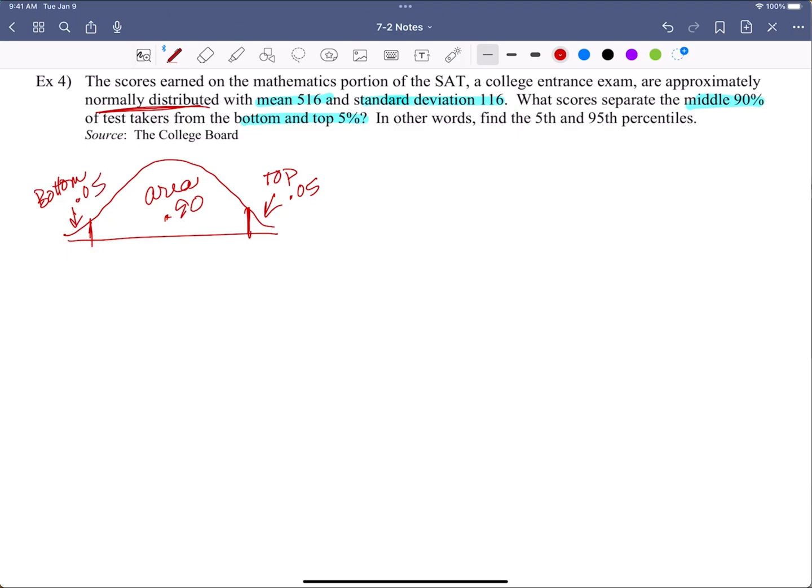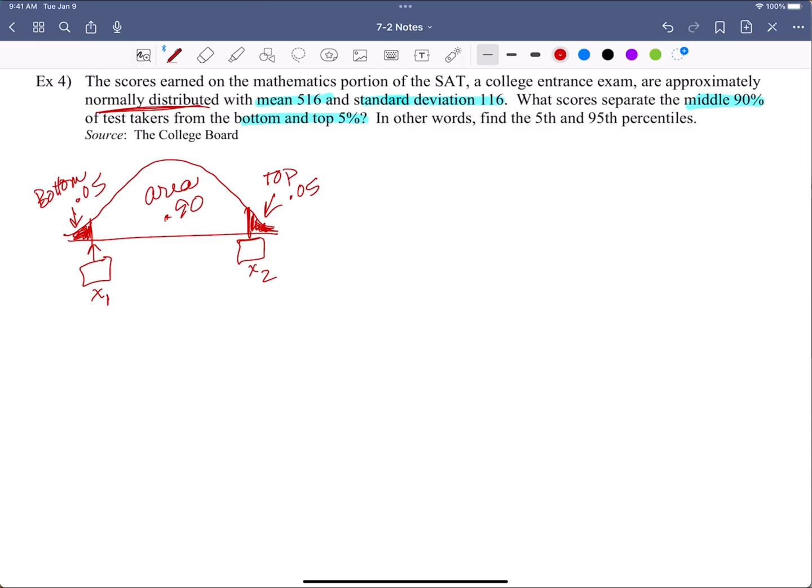So what we are trying to find is this bottom 5% and this top 5%, which means this SAT score value is what we're trying to figure out. All right? Okay, so I'm going to call this X1 and I'm going to call this X2.